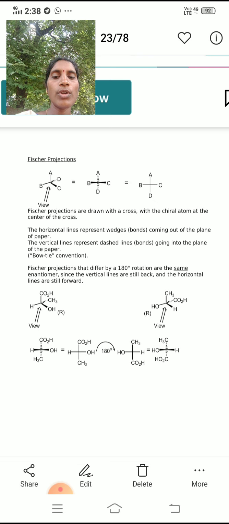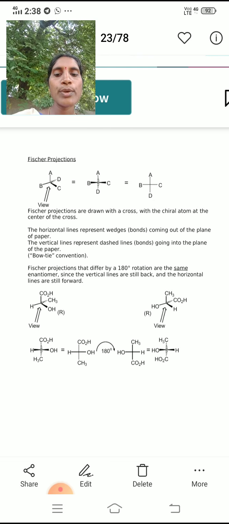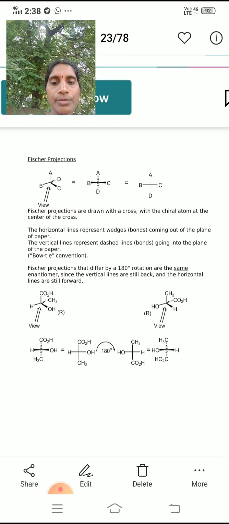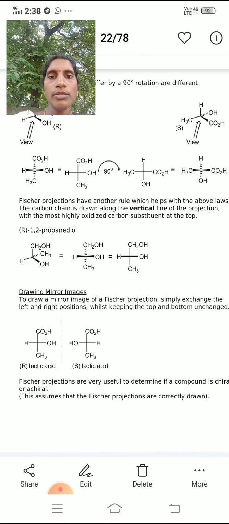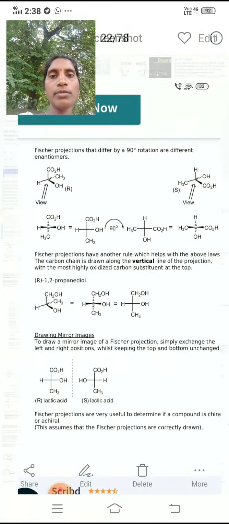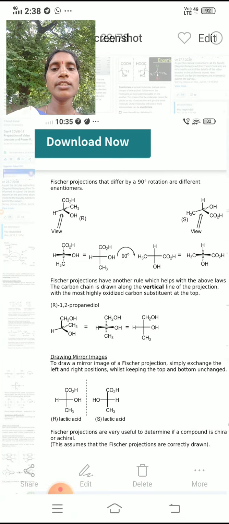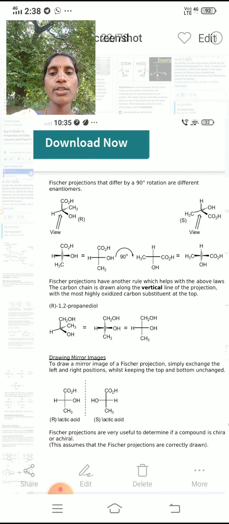On the horizontal line, hydrogen and hydroxy groups are present. Fischer projections that differ by a 90 degree rotation are different enantiomers.